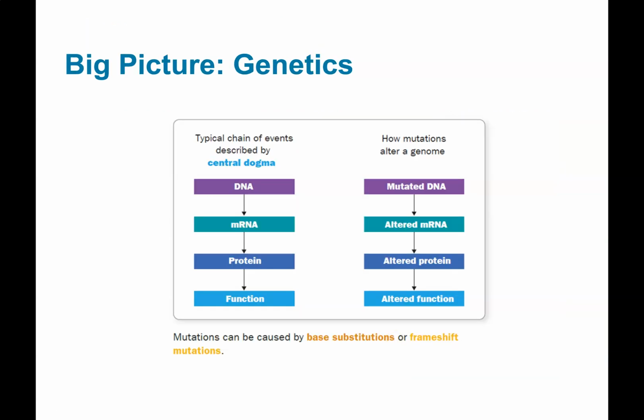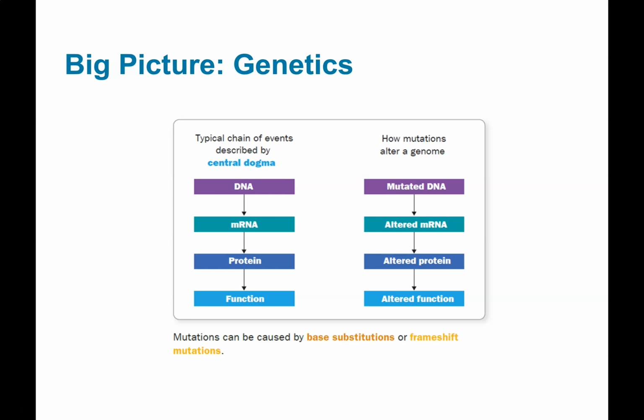Again, we're going big picture, and then we will start honing in on some details. But it's very important to understand this central dogma of genetics, or really of life, because all living organisms follow these rules.